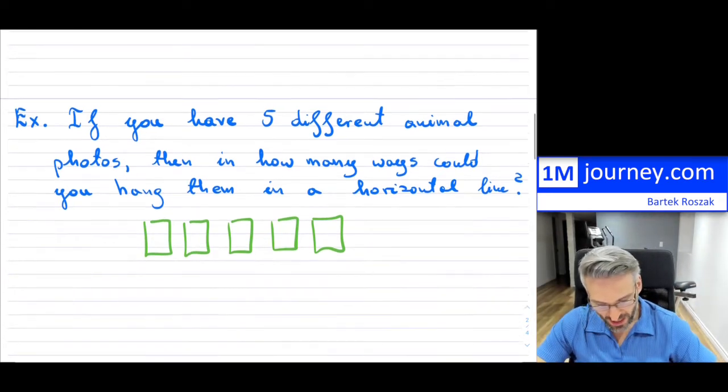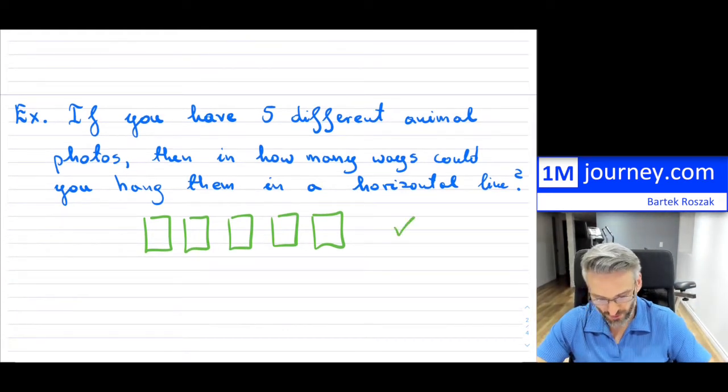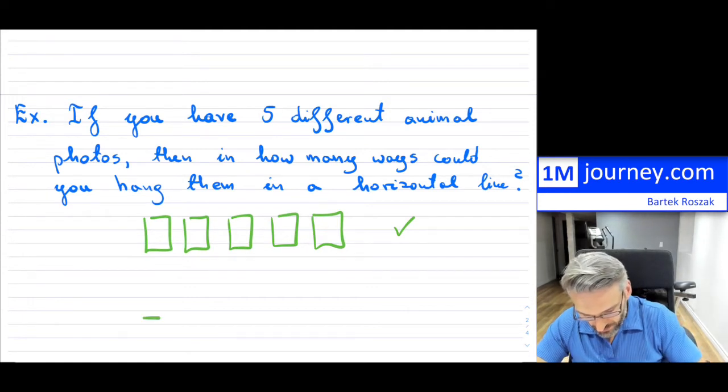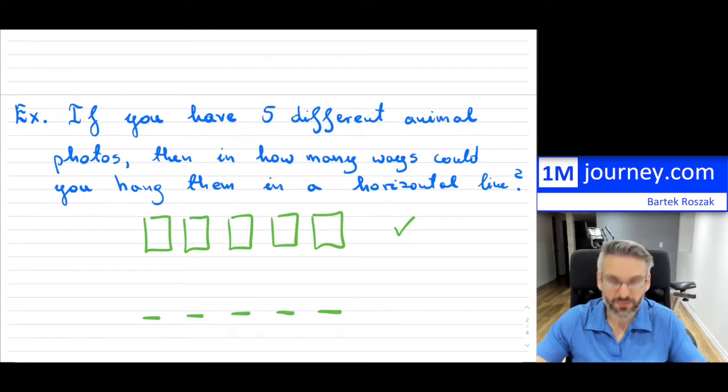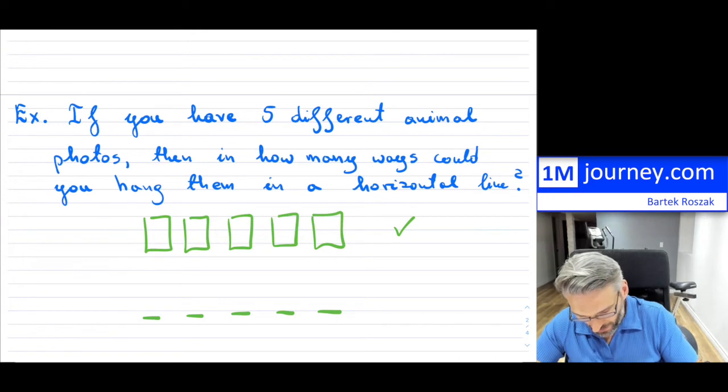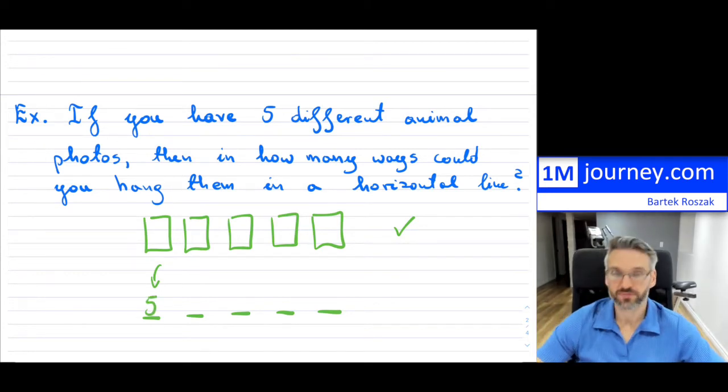So if we have 5 of these photos, then remember what we did with the organized counting. We said, in how many different ways can I order these things? Well, in the first spot, I have 5 total pictures, so 5 different animals, so I would start with 5.